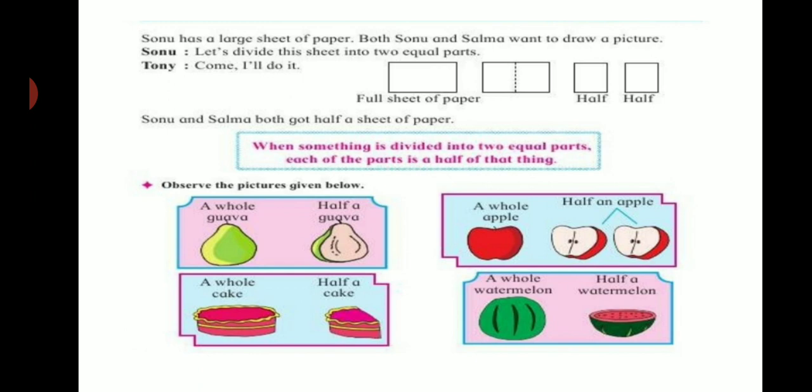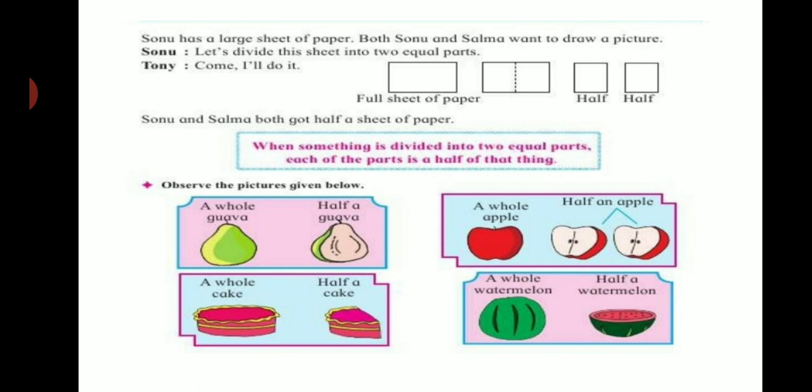Tony will divide the paper into half. You can see here a full sheet of paper divided into equal parts. It is half. Sonu and Salma both got half a sheet of paper.